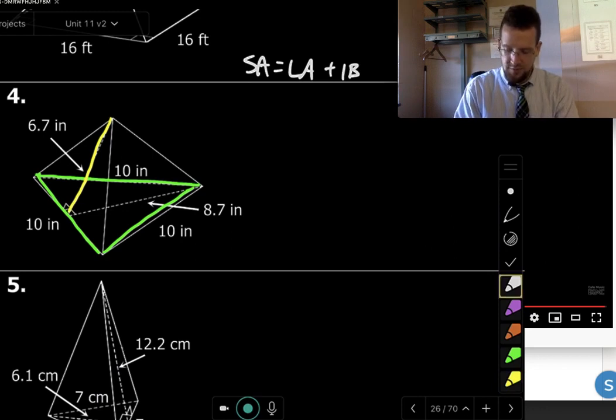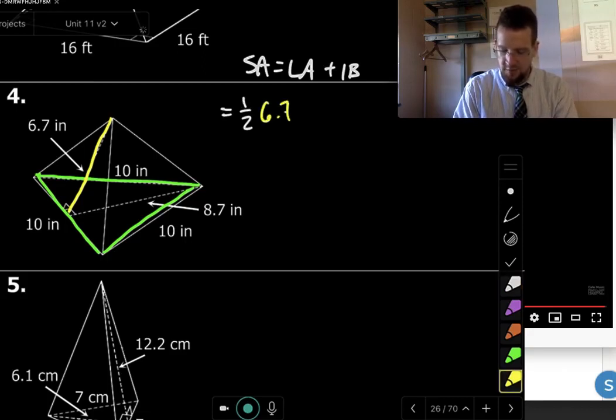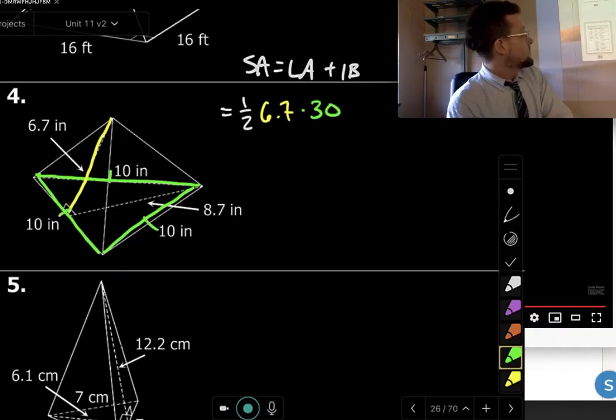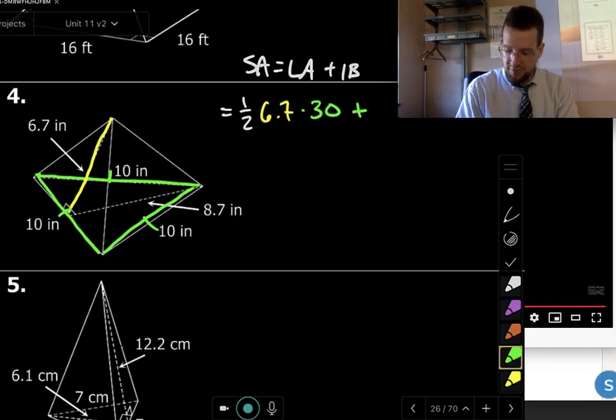This is 1/2 of the slant height, which is in yellow here, 6.7, times the perimeter of our base. This looks like it's 30, right? Because it's going to be 10 plus 10 plus 10. Plus the area of the base.